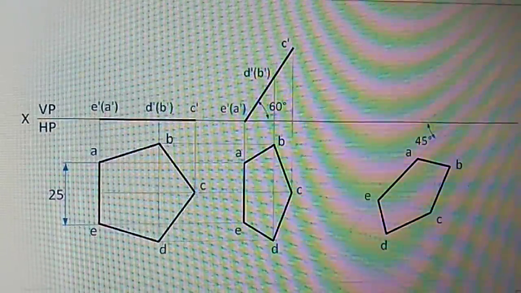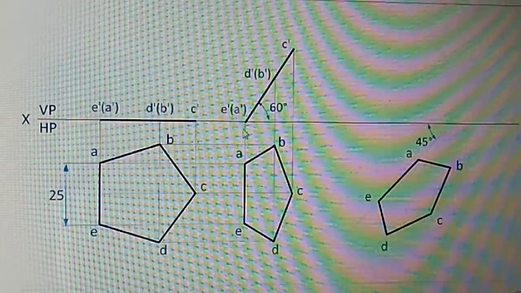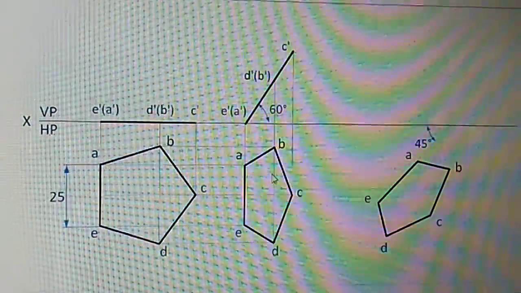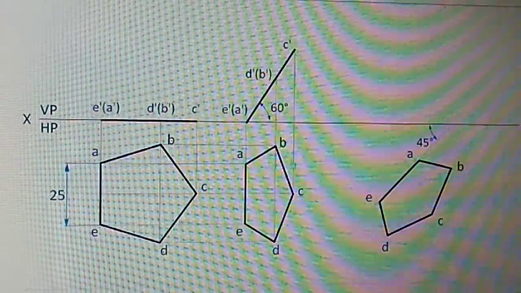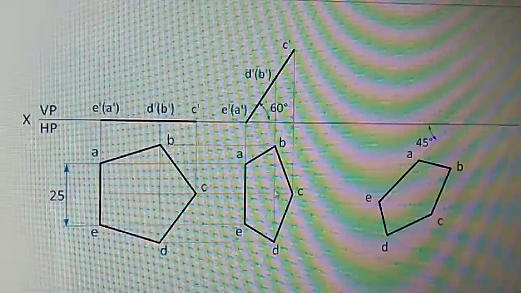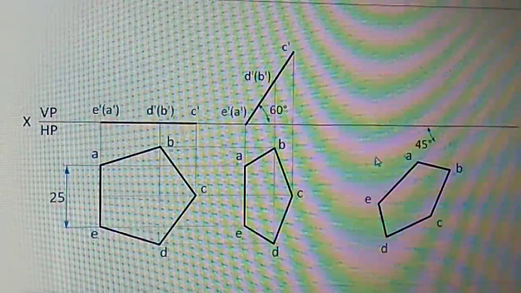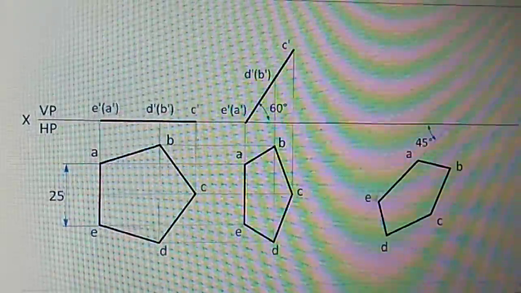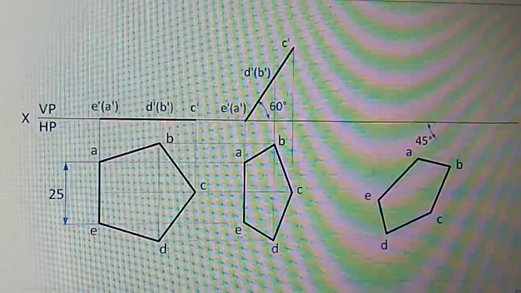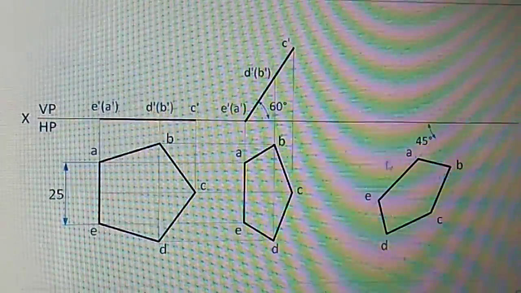This is the same lamina, A, B, C, D, E, A, the apparent view of the top view of the second position pentagonal lamina. So this AE you have to place here, because that resting edge makes an angle of 45 degrees to VP, means you take this AE over this 45 degree line.